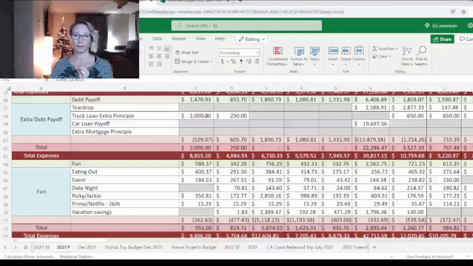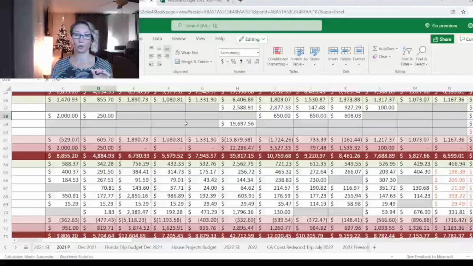So at the beginning of the year, we paid an extra $2,250 on his old truck. And then you can see we had some months where we didn't really do a whole lot. And then we paid off my car. So my car was $19,697. So that's paid off now. I don't have a car payment anymore. We started putting money in savings for the down payment for the teardrop.